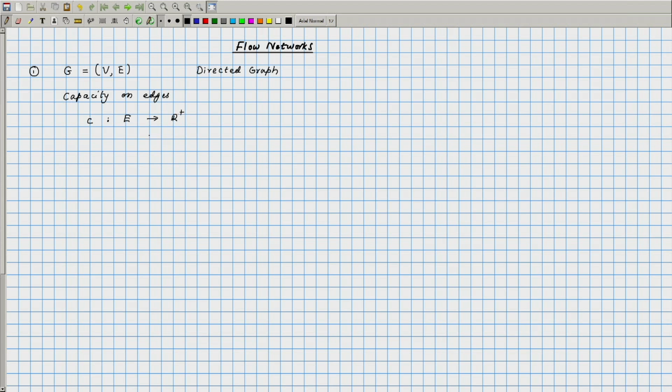That would mean for every edge there is a non-negative number associated with it, which we will refer to as the capacity of the edge. We will use the notation C(e) to indicate the capacity of the edge e. Let us see an example of such a network.